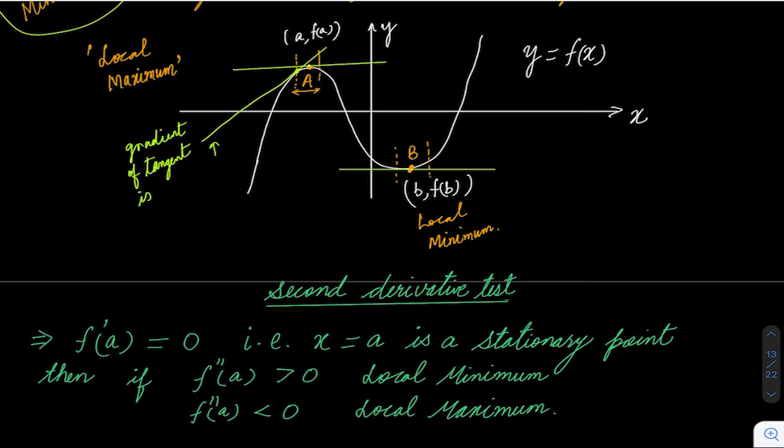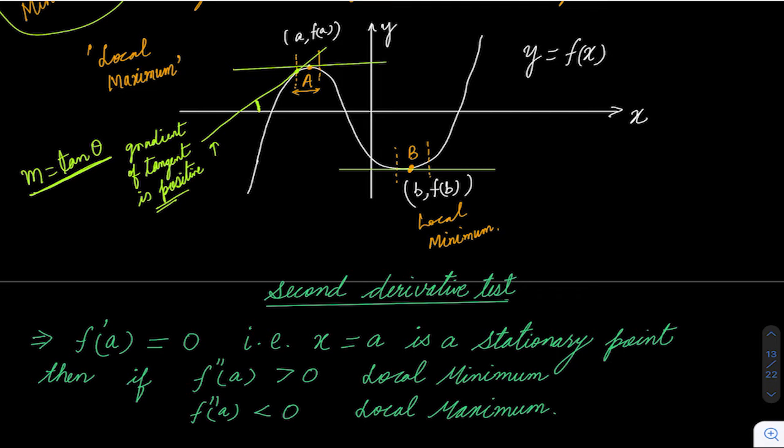Some students might wonder why the gradient is positive. Simple: this tangent makes an acute angle with the x-axis, and the gradient is tan of theta, where theta is the angle made by the line with the x-axis.